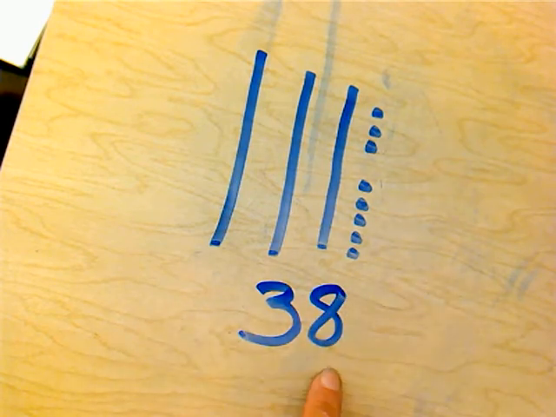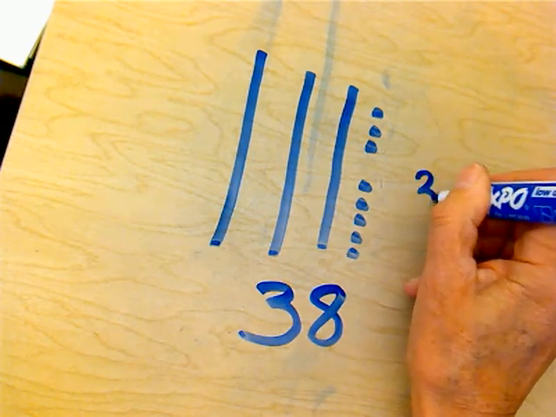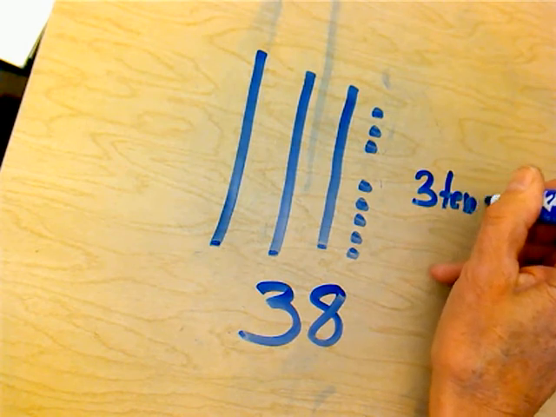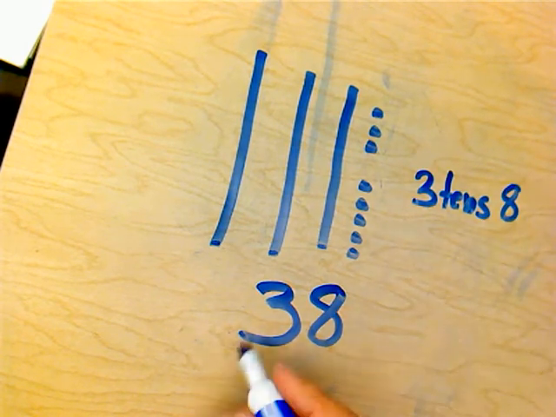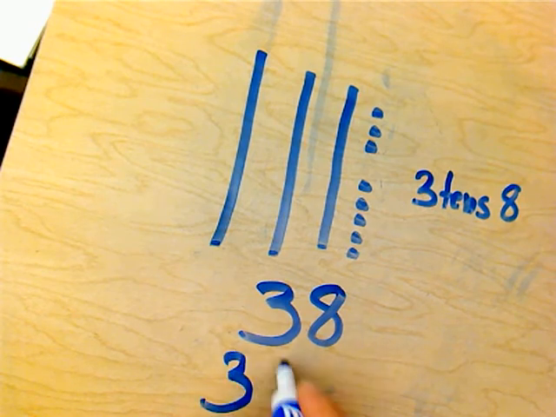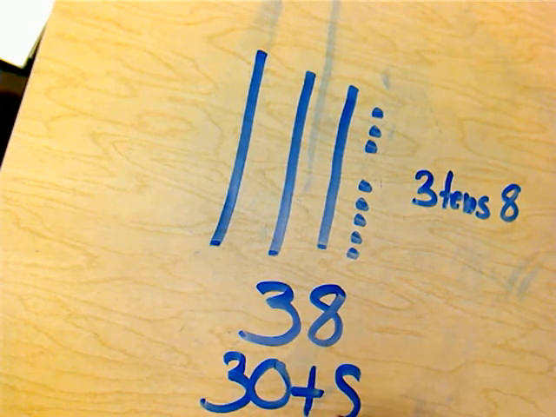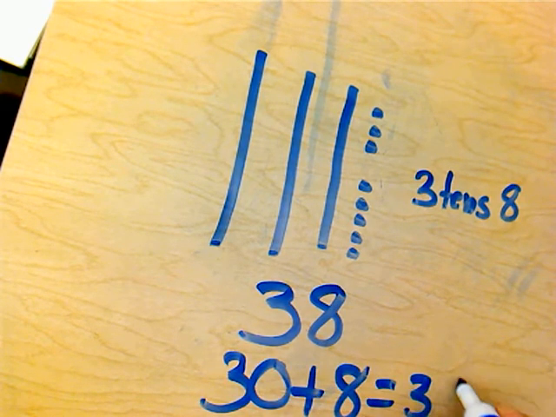So I have 38, or 3 tens and 8. 3 tens, 8 would be the same as 38, or 30 plus 8 equals 38. Just like that.